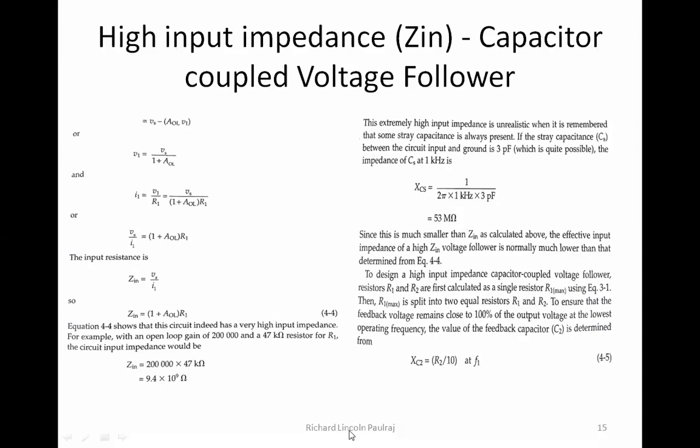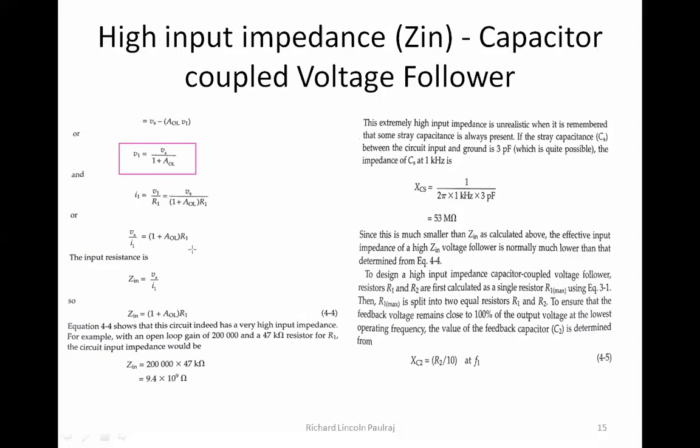Now we can also note that I1 is equal to V1 by R1. So we have V1 and we have R1. If I want to calculate the value of I1, then of course I need to know the value of V1 and the value of R1. How will I get V1? V1 is, as discussed previously, Vs divided by 1 plus AOL.